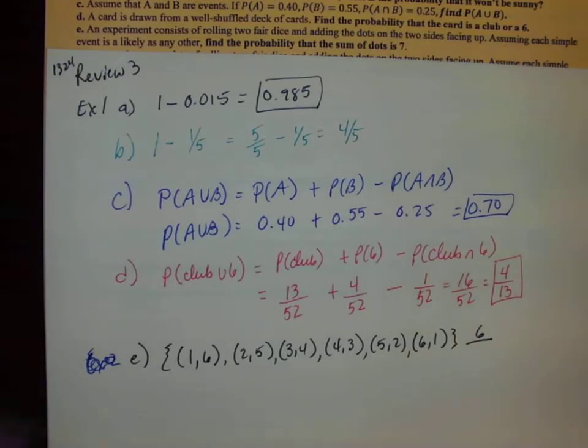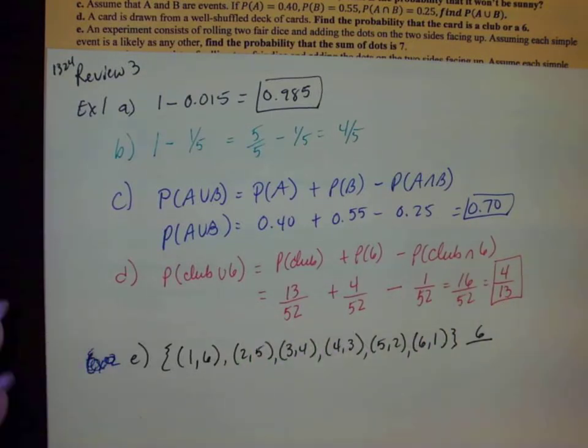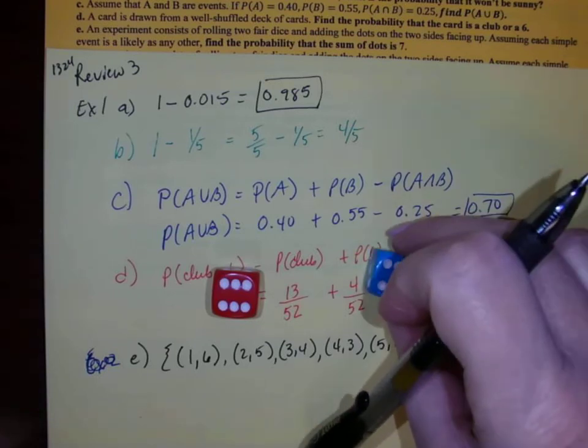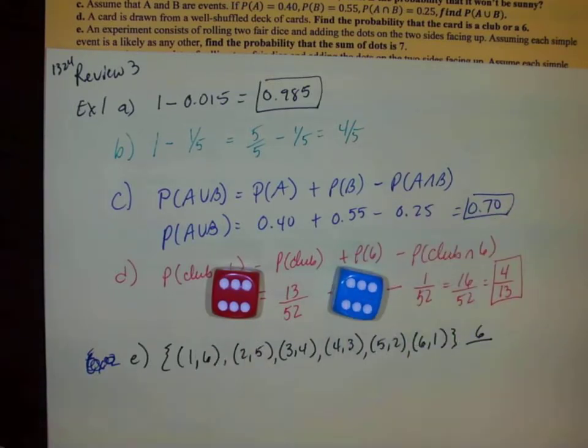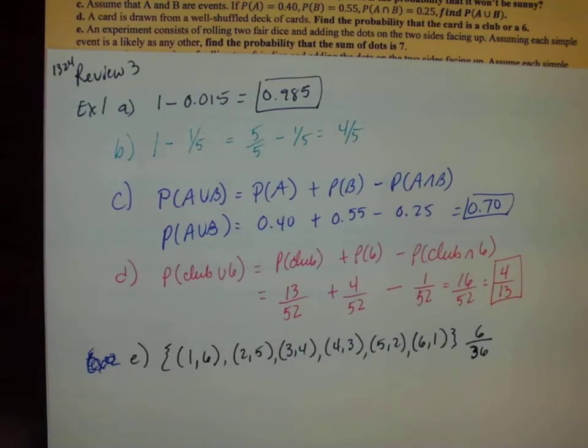We've learned this before, and it's in your handout where it's all mapped out. But basically, it's the fundamental counting principle. I have 6 sides on this one, 6 sides on that one. 6 times 6 will get you 36. That's the total possibilities of the outcomes you could get. And of course, you need to reduce this down. They both divide by 6, so 1 out of 6.